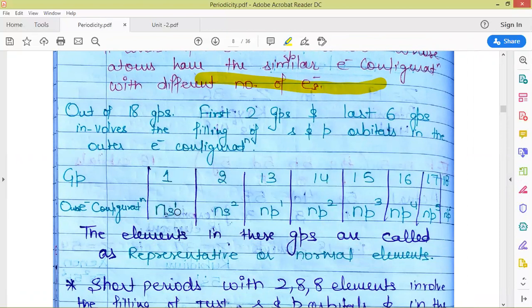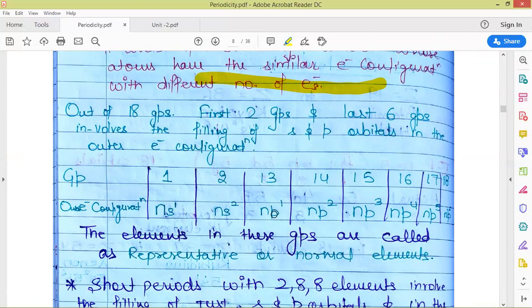Here the outer electronic configuration is ns1, where n is the period number. For the second group, the outer electronic configuration is ns2. Again, n is the principal quantum number and is also the period number. Then the p subshell is filled in the last 6 groups, from group 13 to group 18.